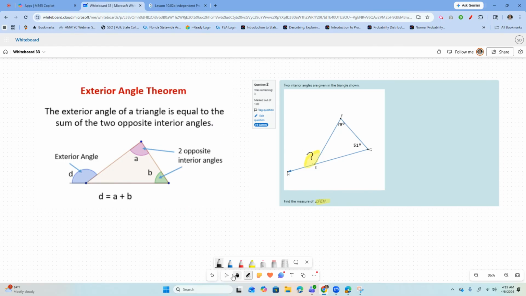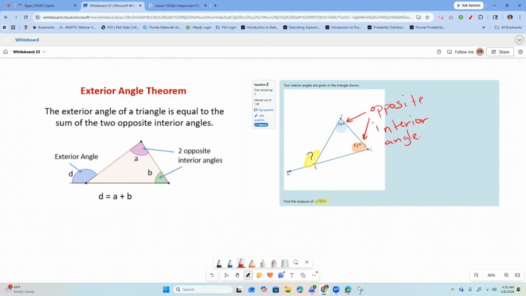Now, who are the two angles that are the farthest from the angle that I shaded in yellow? It will be the 79 and the 51. So these two angles here are the two opposite interior angles from angle FEH.